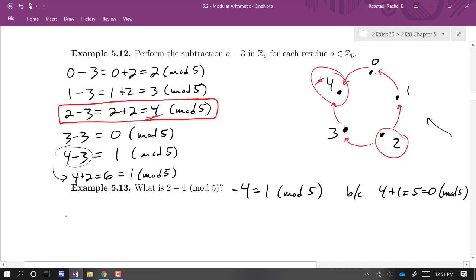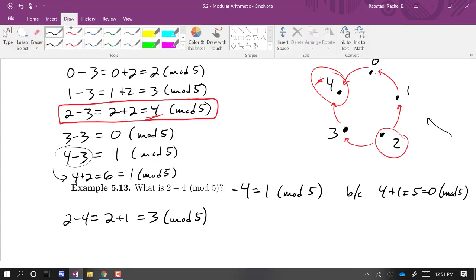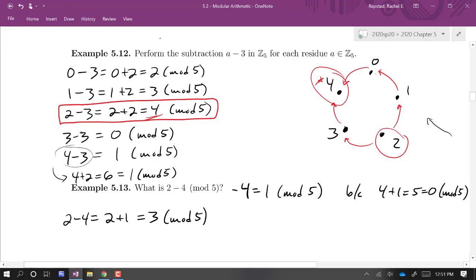So 2 minus 4 is the same as 2 plus 1, which is 3 mod 5. And we could sort of visualize that here. If I'm starting at 2, then going backwards 4, 1, 2, 3, 4 is the same as going forward 1 unit. It lands us at 3.